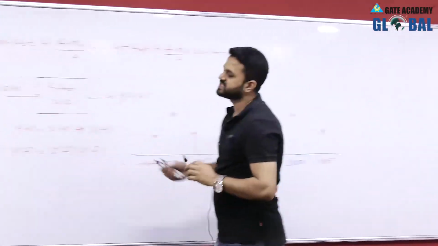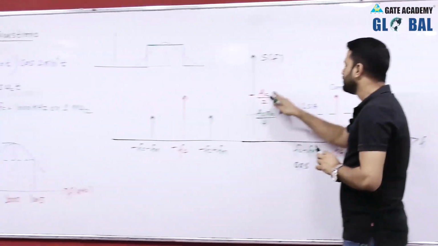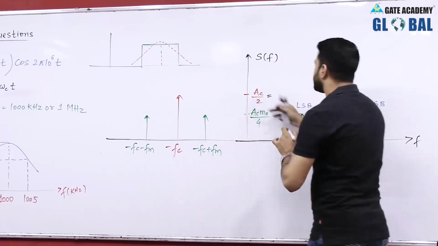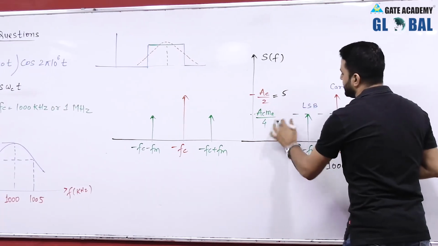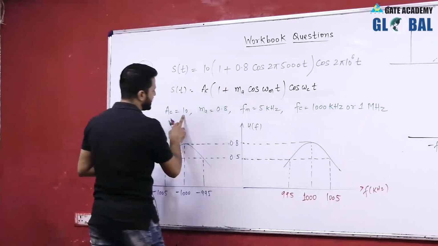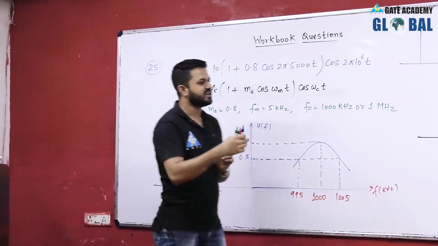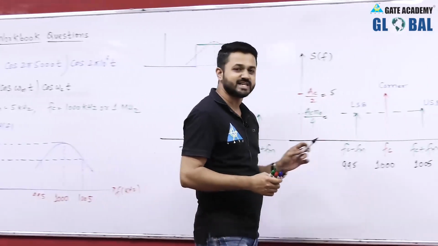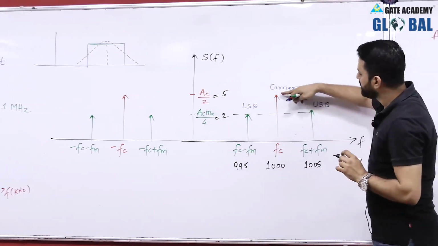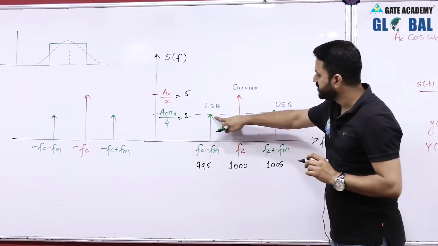Now previously, what was the amplitude? AC by 2, with AC equal to 10, so 10 by 2 is equal to 5. And AC Ma by 4: AC into Ma is 8, divided by 4, that means it is 2. So the amplitude here is 5, and the amplitude here is 2.